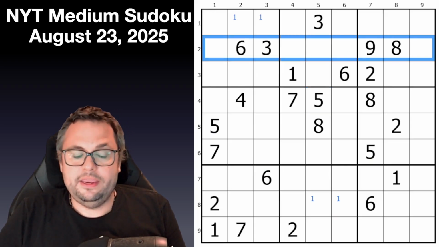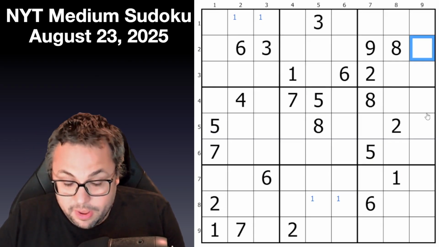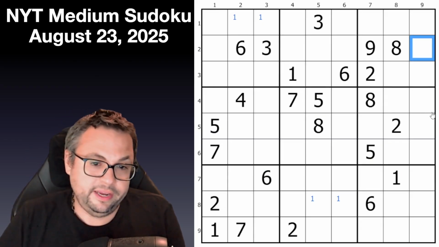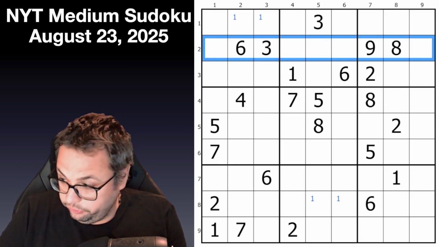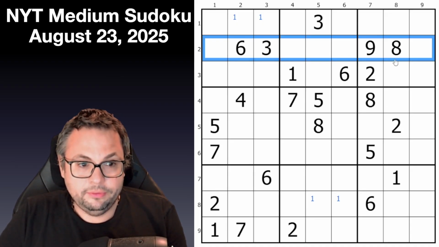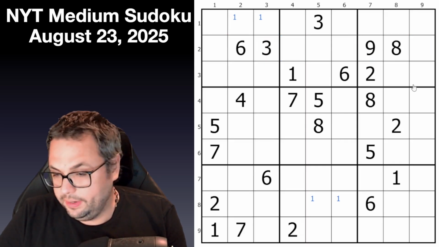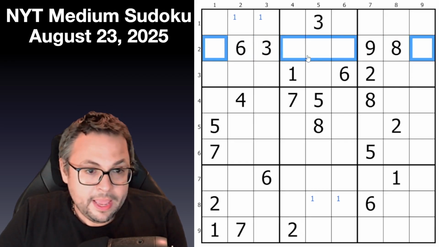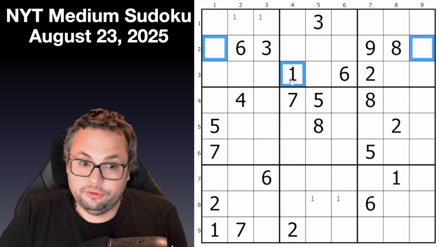The other way that you could spot this 1 that goes here, that I just went through, that is considerably more difficult in my mind, but that you might also see, is that you could ask the question, where does 1 go in row 2? And if you ask that question, what you'll see is, well, neither of these is a 1 and neither of these is a 1 because they're literally given digits that are given not to be 1. None of these 3 can be 1 because they're in a box with a 1.